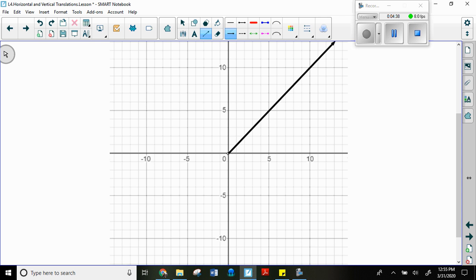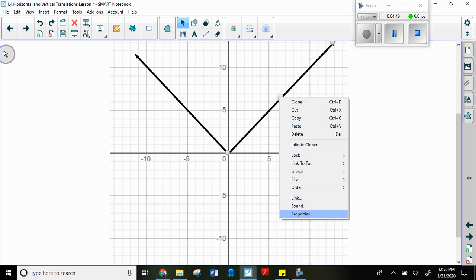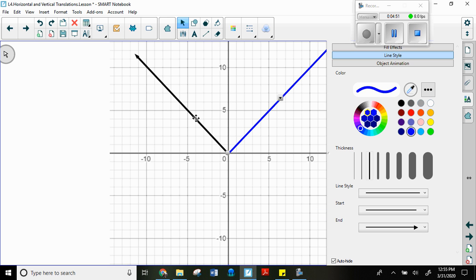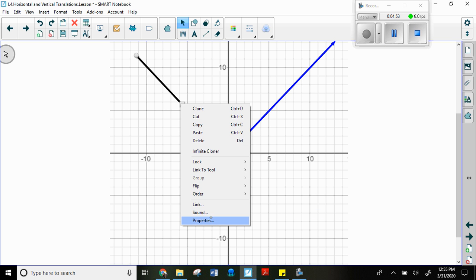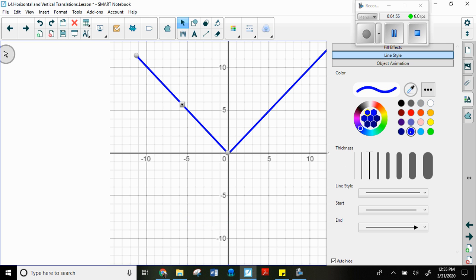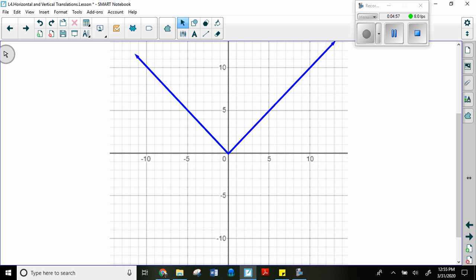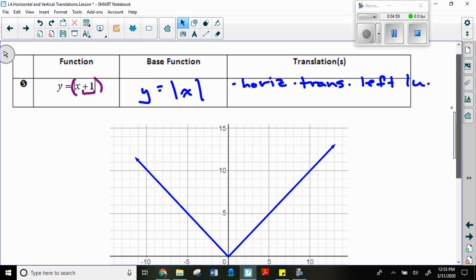Okay, so my base graph is going to be over 1 up 1, over 1 up 1, over 1 up 1 from 0, 0. And that's going to be blue. And then we are going to transform this, and I'm just going to move my V point again and draw my graph from there.